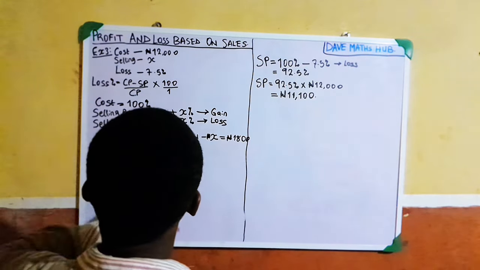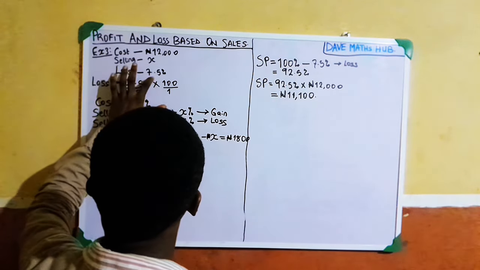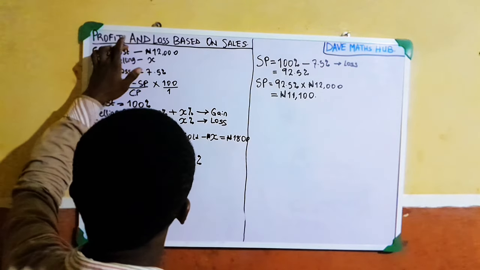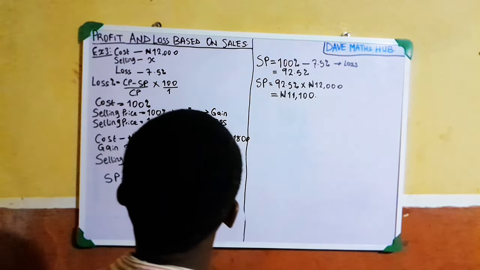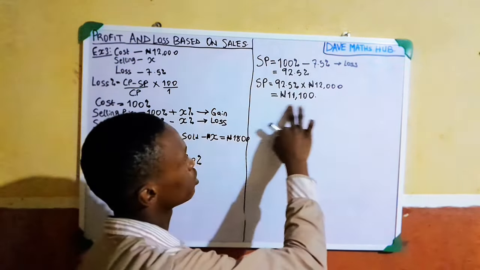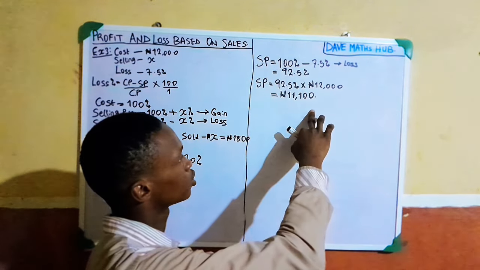So from the beginning, this person made a loss of 7.5% from the item he bought from 12,000 because he sold it at the reduced value of 11,100.